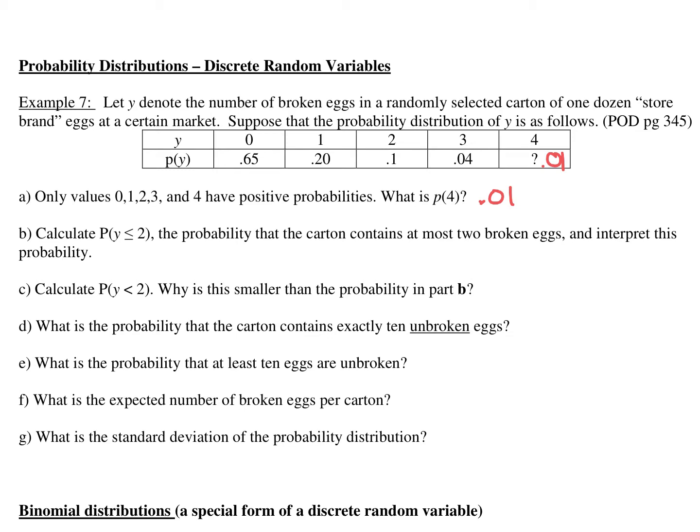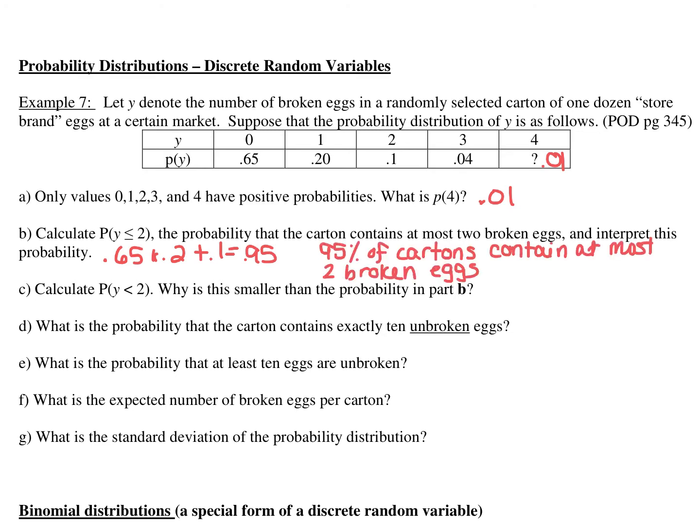That means we would sum the values less than or equal to 2, so those probabilities are 0.65, 0.2, and 0.1, which adds to 0.95. So my interpretation is that 95% of the cartons contain at most 2 broken eggs.